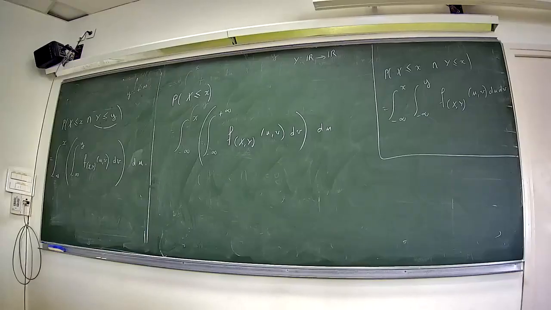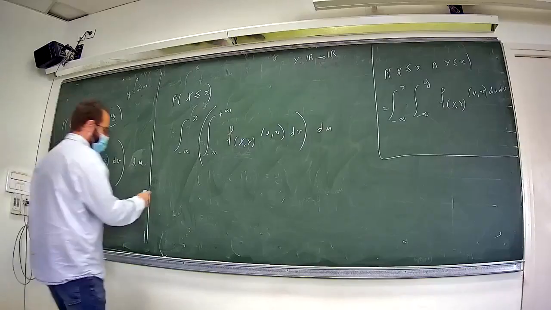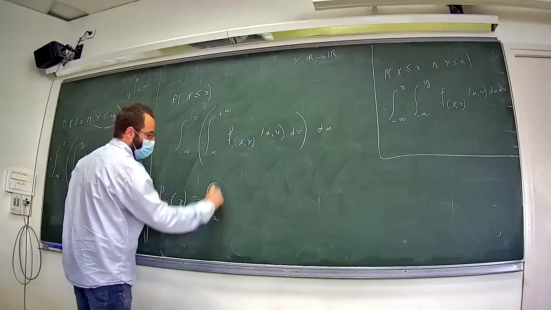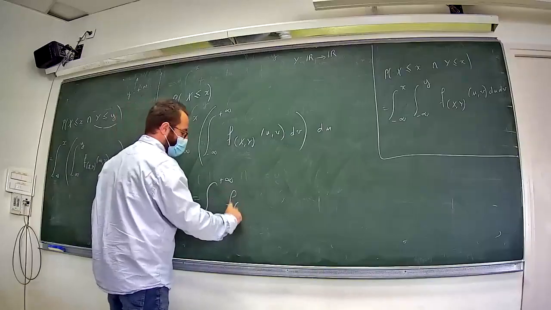If you express the distribution function of x as the integral between minus infinity and x of something, this something is the density function. Here, my density function is what I have below, this one. Because I can express the distribution function as the integral between minus infinity and x of this mapping that becomes the density function of x.